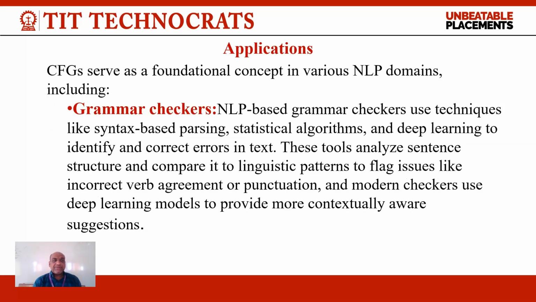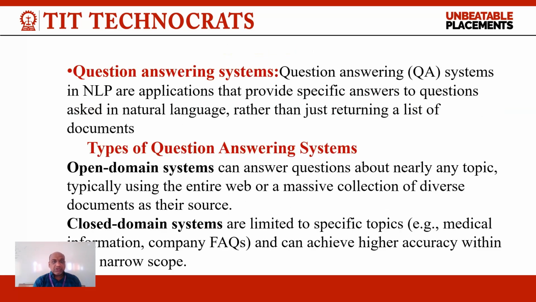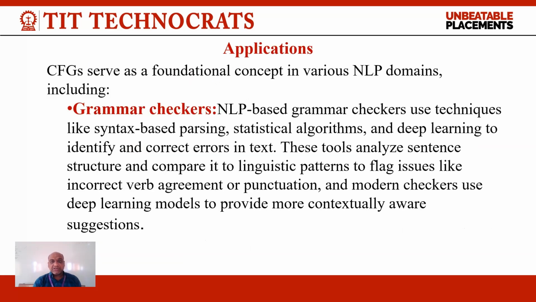Applications. Context-free grammars serve as a foundational concept in various NLP domains, including grammar checkers, machine translation, and question answering systems. Grammar checkers: NLP-based grammar checkers use techniques like syntax-based parsing, statistical algorithms, and deep learning to identify and correct errors in text.